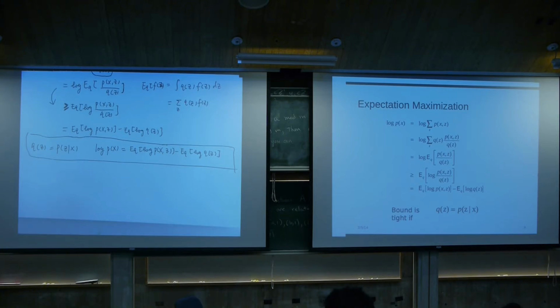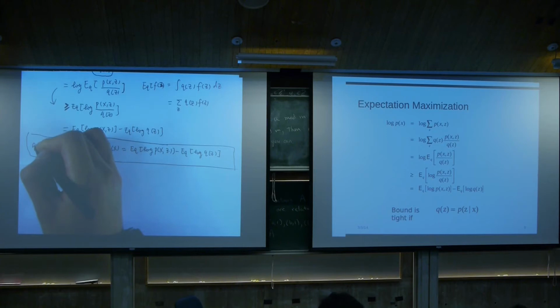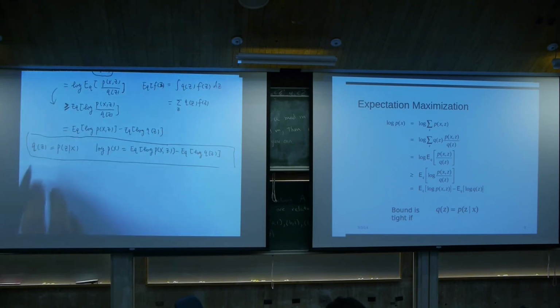From the very beginning, we choose an arbitrary q(z). And why are we concluding that q(z) is equal to the posterior? You can plug q(z) into the lower bound, and it will give you the log likelihood. We can do it here. So if we choose q(z) as this posterior, let's plug this posterior into the lower bound.